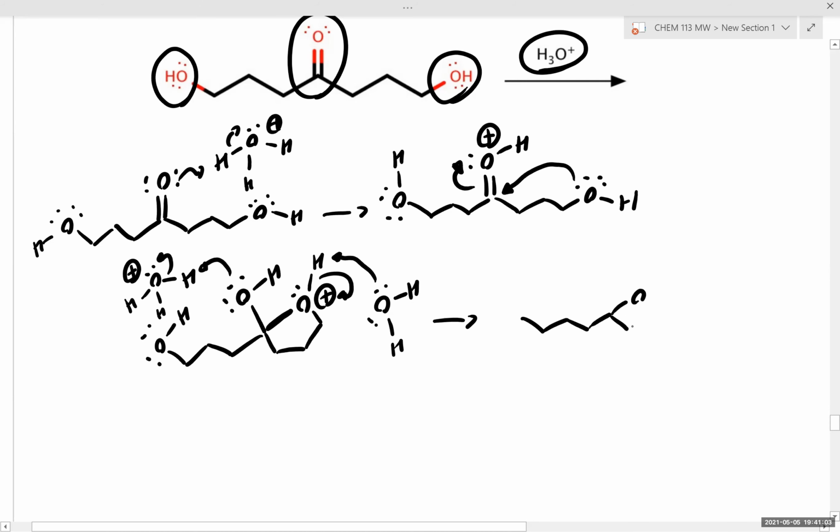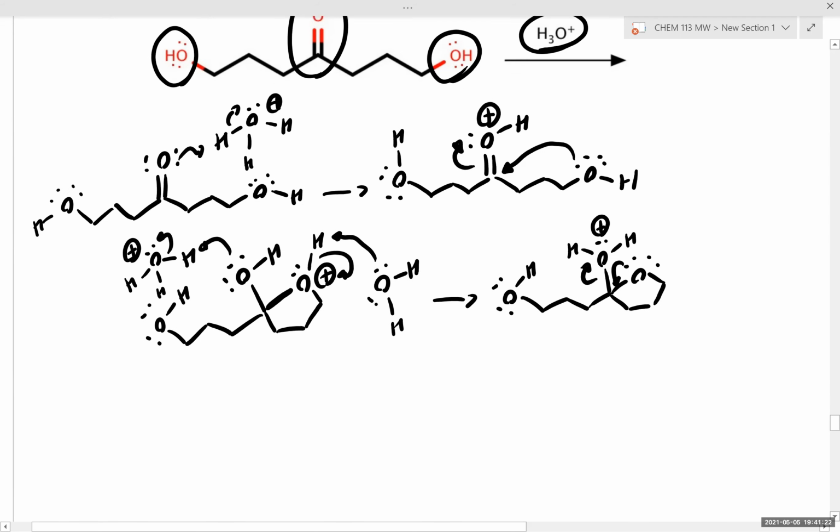So now that we've completed these proton transfer steps, we now have activated water as our leaving group.